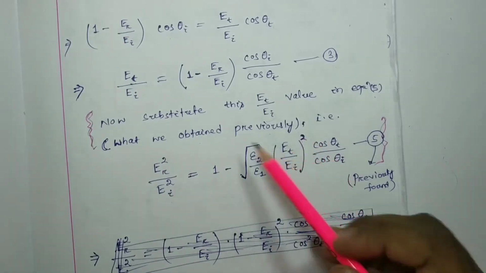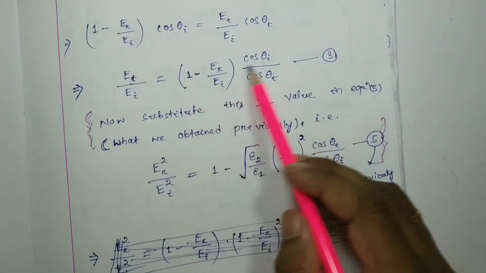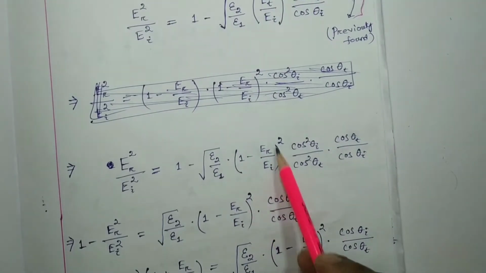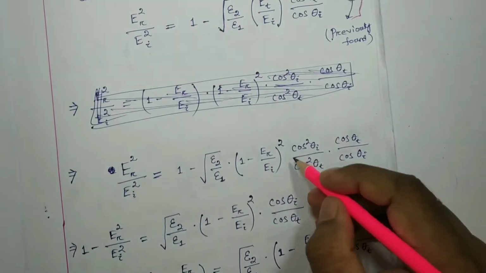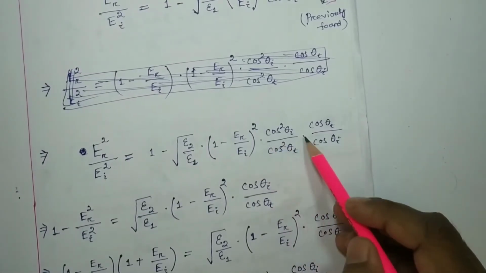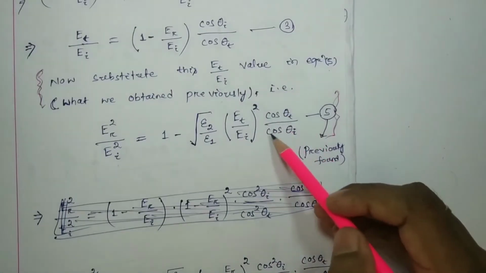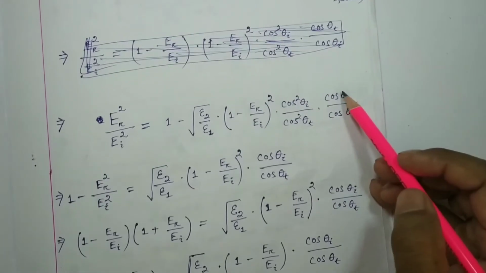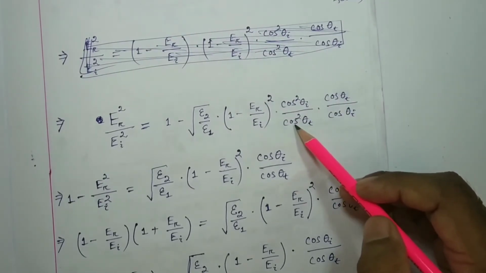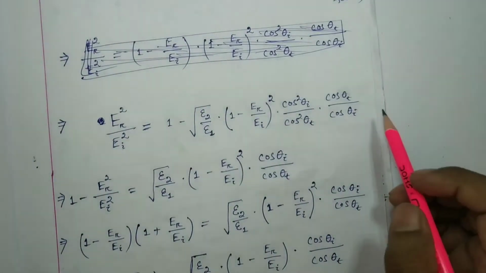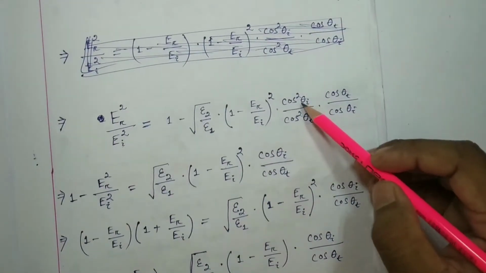That means here we have to put this one, but whole square it will be, so it will be 1 minus Er by Ei whole square, into cos square theta I by cos square theta t, into cos theta t by cos theta I. Here one cos theta t will be cancelled, one cos theta I is going to be cancelled, and we found cos theta I by cos theta t.